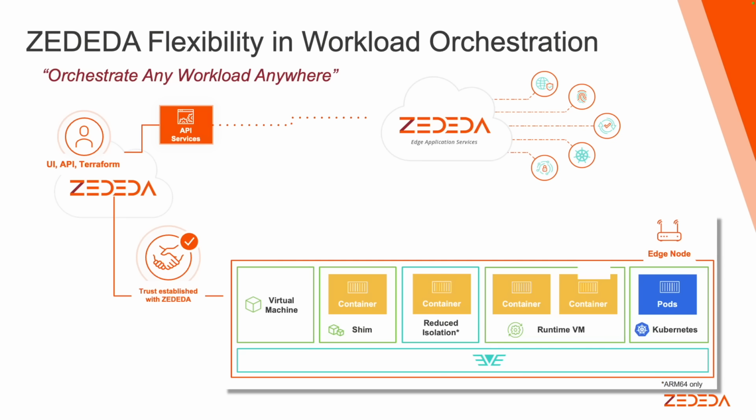So here's the real strength of our platform, and it comes down to flexibility. Most edge environments are often not clean slates. You've got legacy applications that are still running in VMs. You've got non-containerized apps, but some are defined in Docker Compose for those that are containerized. And you may also have other modern container frameworks that are emerging. So with us, we don't make you choose one model.